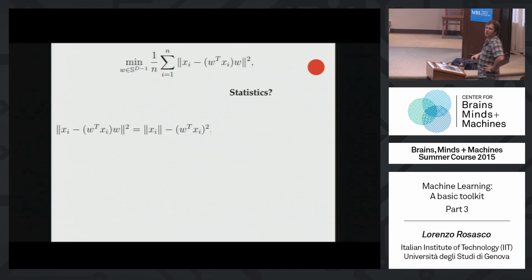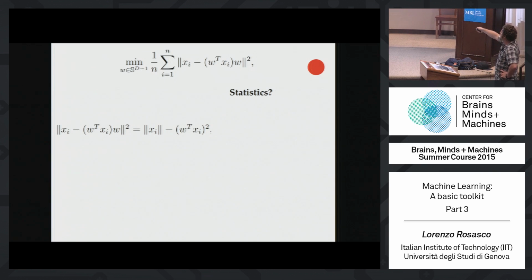Okay, so let's do a couple of computations. This is ideal after lunch. You just take this square and develop it, and remember that w is unit norm. So when you do w transpose w, you get 1. Don't forget to put a square here.